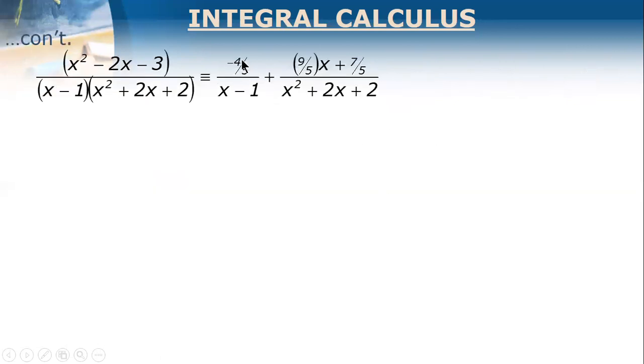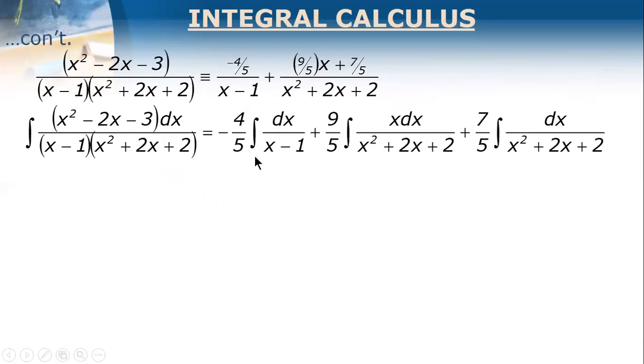And so we have this. It is identically equal to three lines. So the integral of P of x over Q of x is equal to negative 4/5 dx over x minus 1 plus 9 over 5 x dx over this plus 7 over 5 dx over this one.